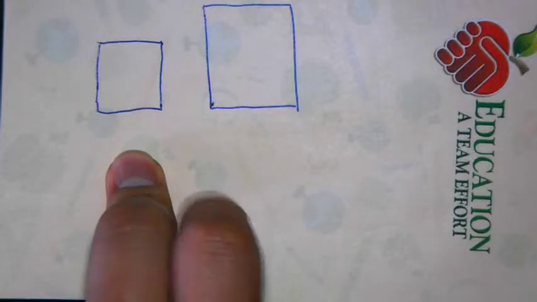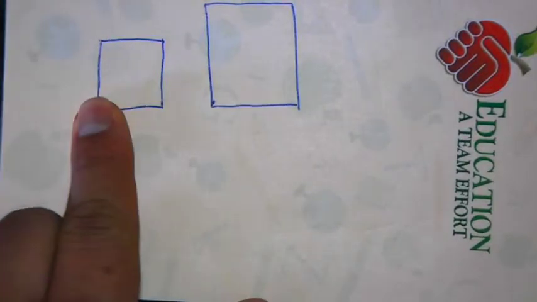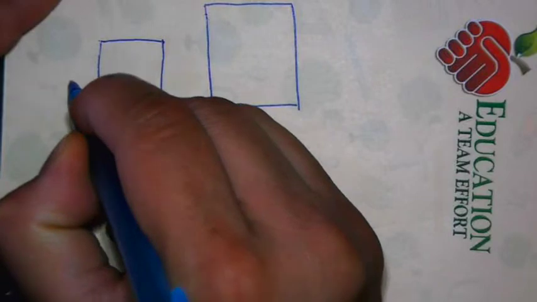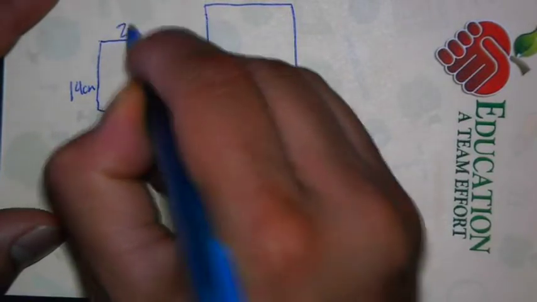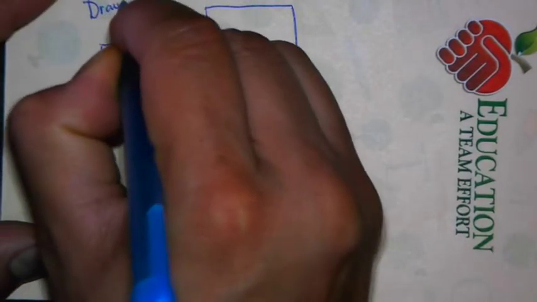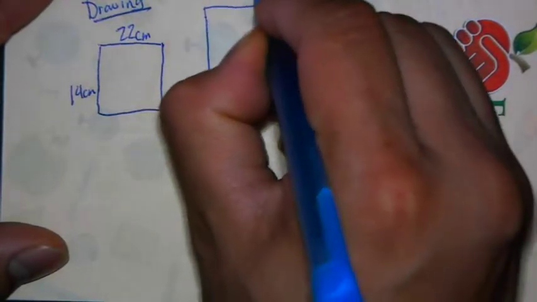Okay, so on the actual sketch of the quiz, it has the dance floor drawing as 14 centimeters over 22 centimeters. Okay, and I'm going to just label this so that I know exactly which one represents what. And this one is my dance floor.